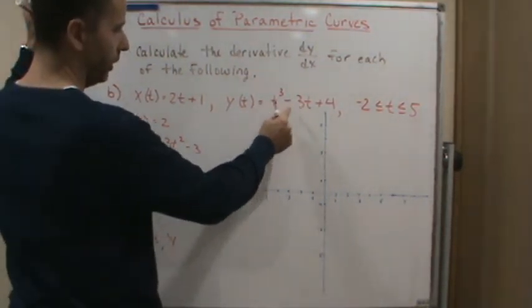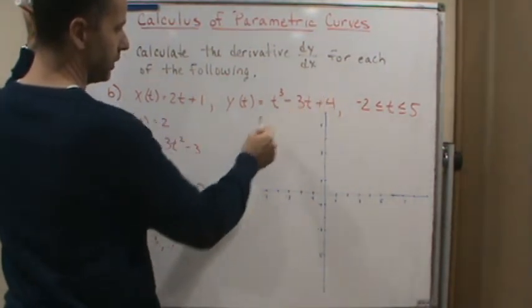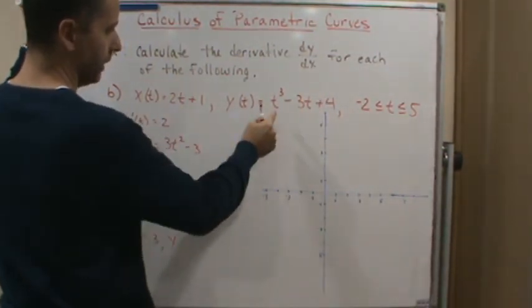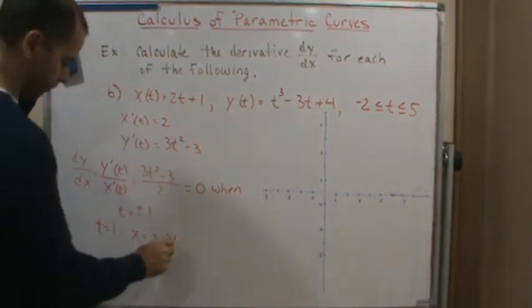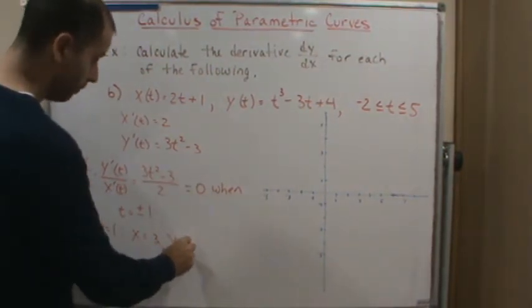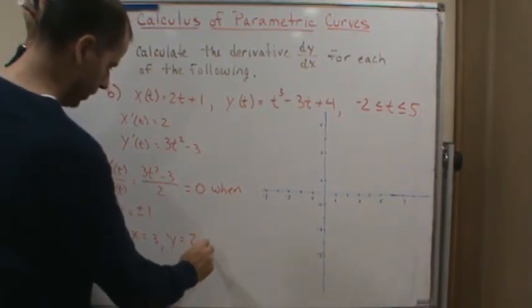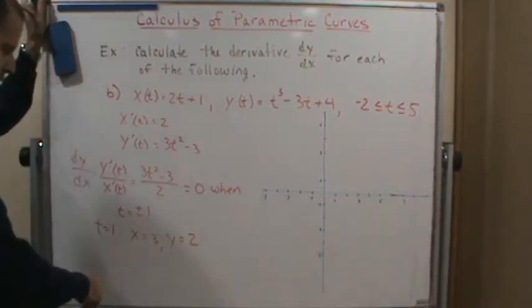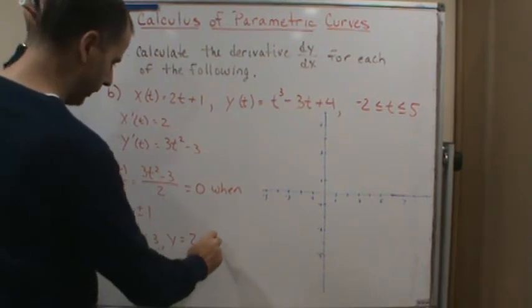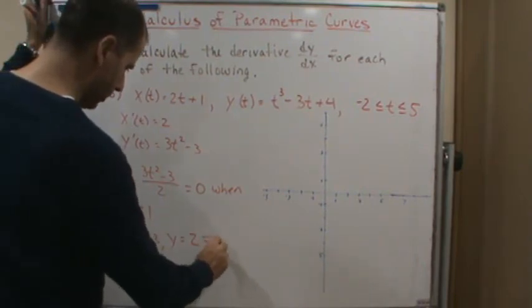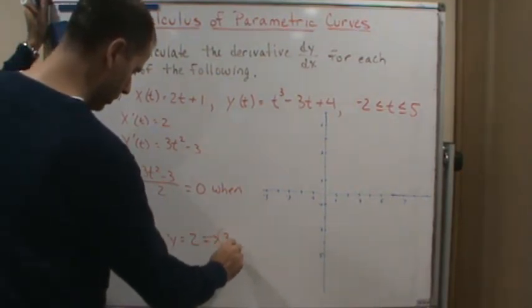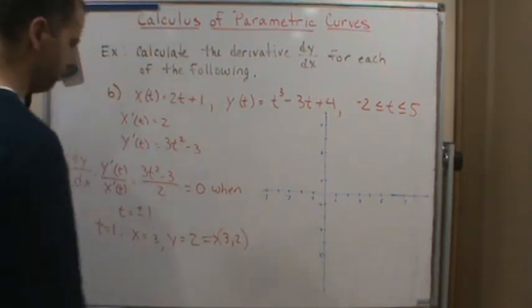We get 1 minus 3 plus 4. Right? So we get 1 plus 1, which is 2. So that means when t is equal to 1, we have a critical value at (3, 2).